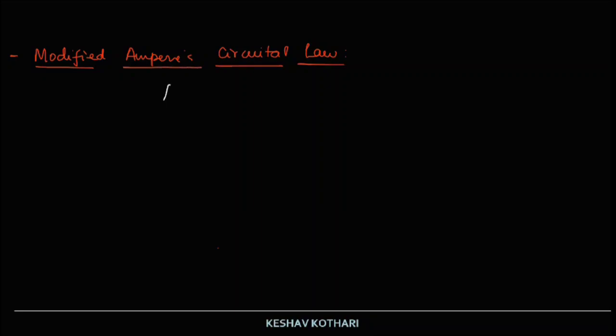So the modification that was done in the Ampere circuital law is that the cyclic integral, so I'm writing the modified Ampere circuital law. Mathematically, the modified Ampere circuital law will be written as cyclic integral of B dot dl is equal to mu naught times the conduction current plus the displacement current.